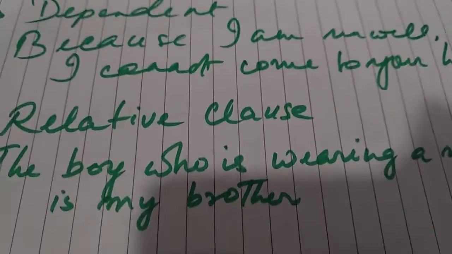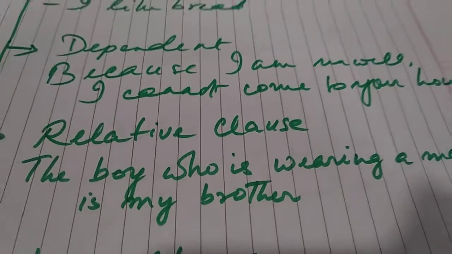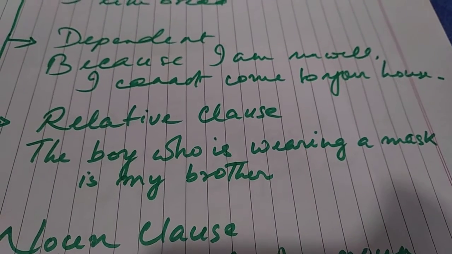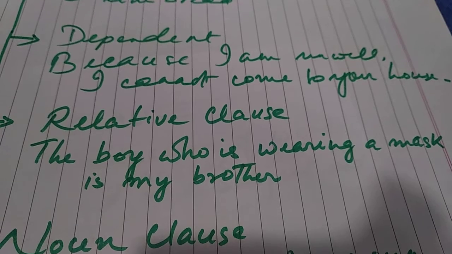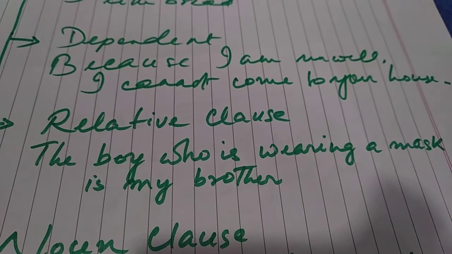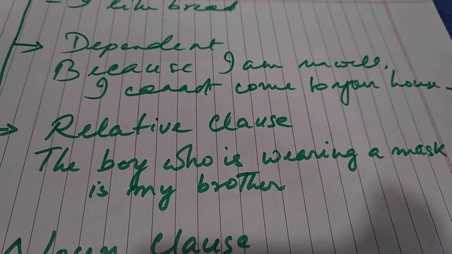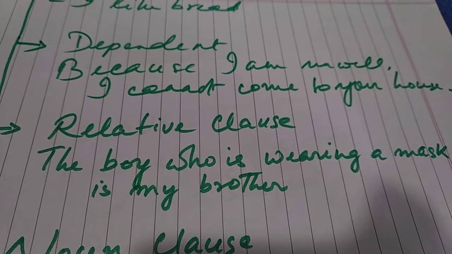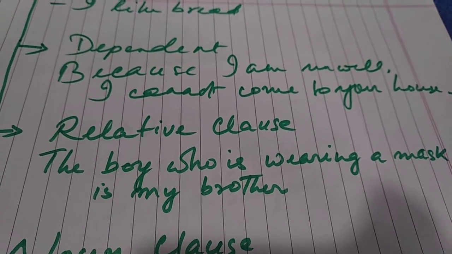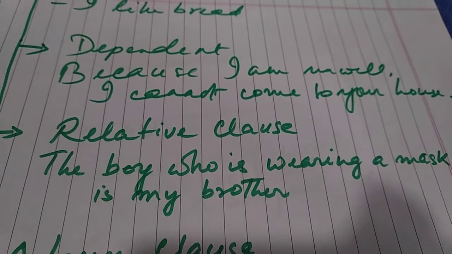But the topic at hand is relative clause. One example here is, the boy who is wearing a mask is my brother. The sentence could have been done with, the boy is my brother. But the boy is further explained, further defined.